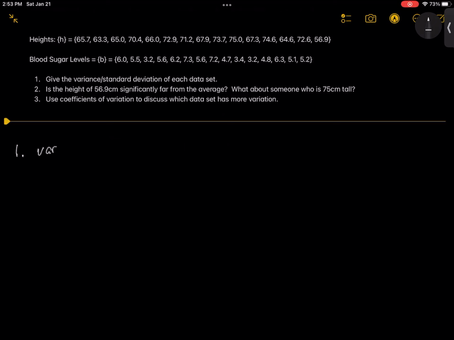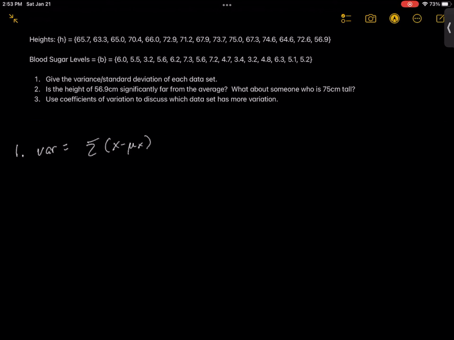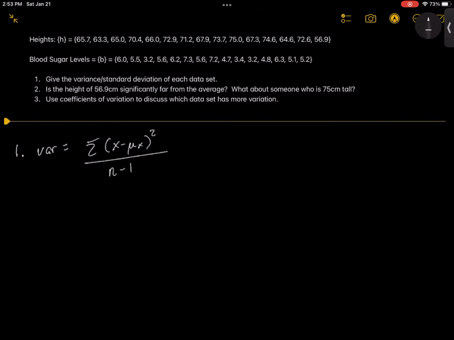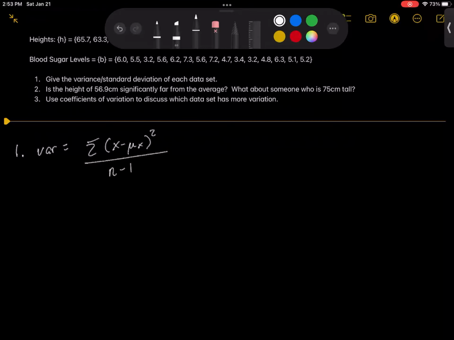The variance equation is the sum of the data minus the average of that data squared and then divided by n minus 1, where n is the number of data points that you have. So notice the order of operations here. First, I need to take each one of my data points and subtract it from the average, the average of the data set.